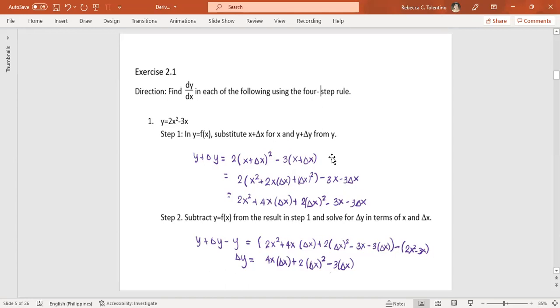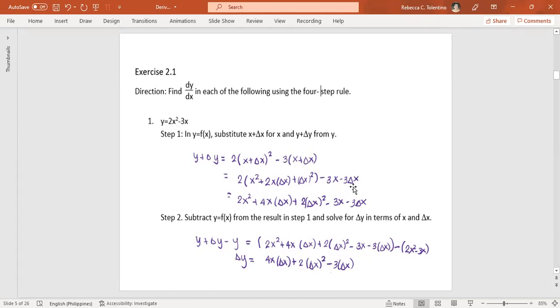Now we have 3 multiplied by x plus delta x. Of course, the next step is to simplify this expression by first getting the square of x plus delta x. Using the formula for the square of a binomial, the square of x plus delta x is x squared plus 2x delta x plus delta x squared. Then, applying the distributive property, minus 3 times x is minus 3x, and minus 3 times delta x is minus 3 delta x.